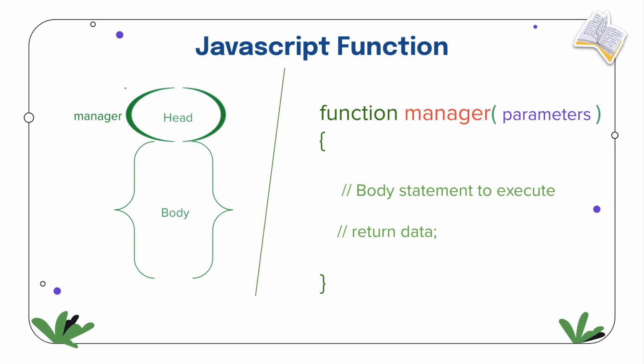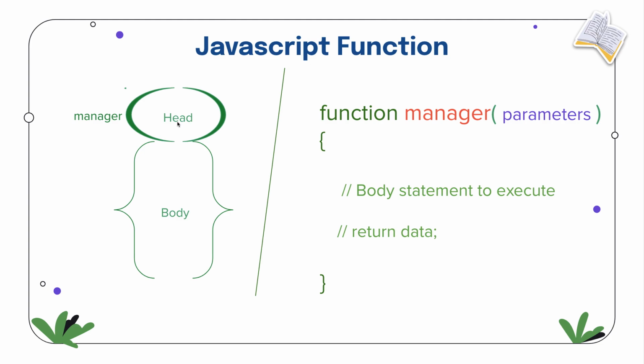So, it's a small structure of the function basically. We already know we think of a function as a human being, right? Let's suppose I have given here an example as manager. So the function name is manager. The human being, the manager, has a head and a body, right?